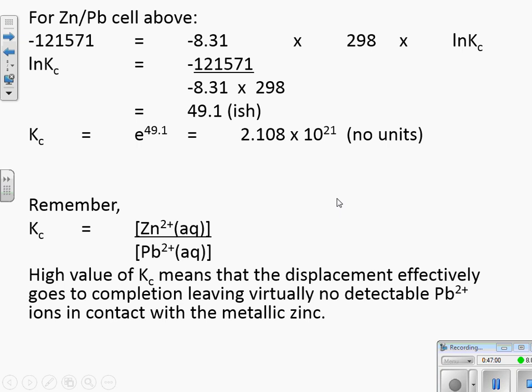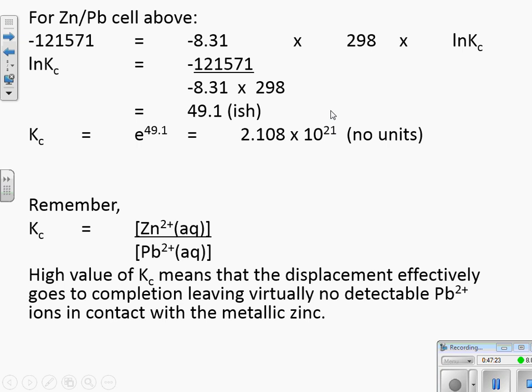If we took that zinc lead cell that we just calculated, the value came out with 2 options. It was either minus 121571 if you did it in joules, or 121.571 if you did it in kilojoules.